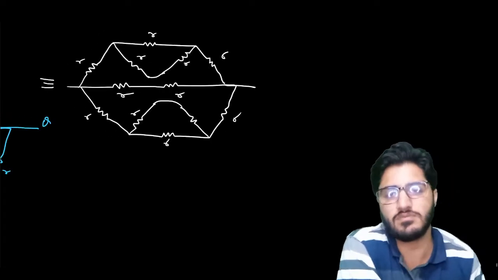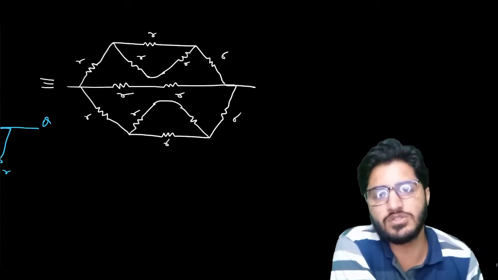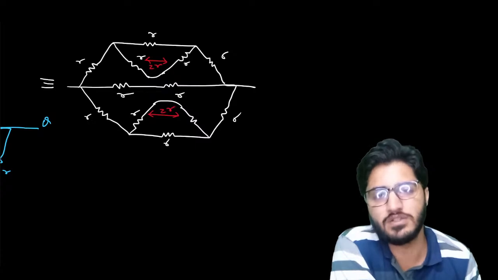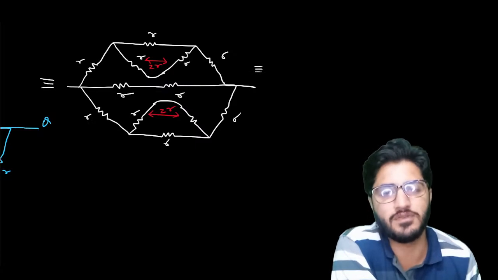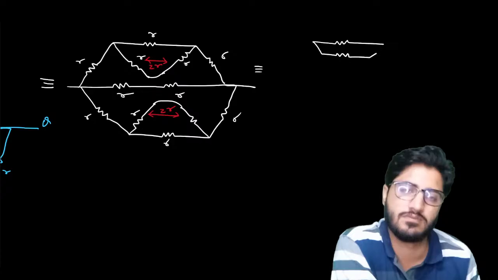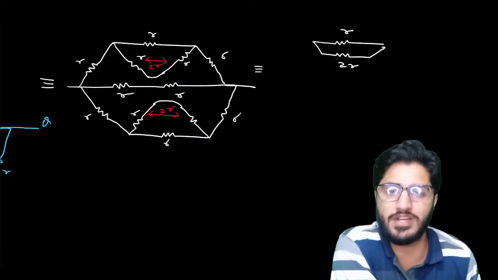These two are in series, these two are in series. Series R plus R is 2R. So just redraw the same thing: R, 2R. These two are in series, and the answer is 2R.